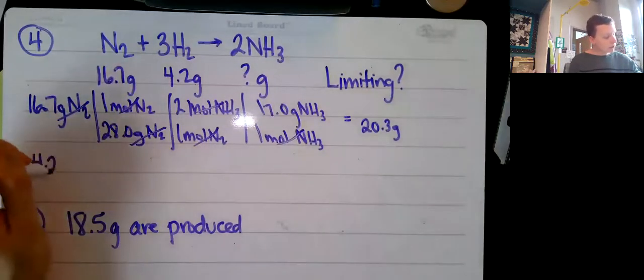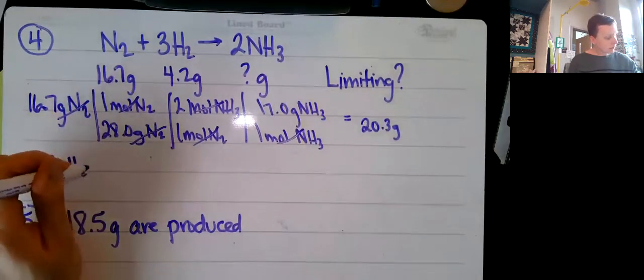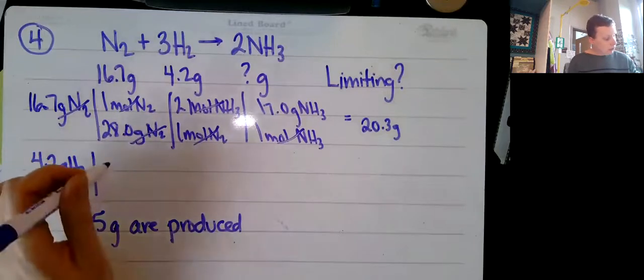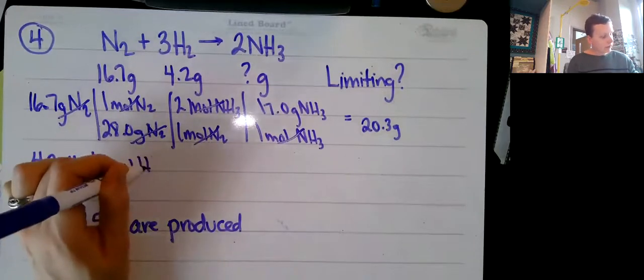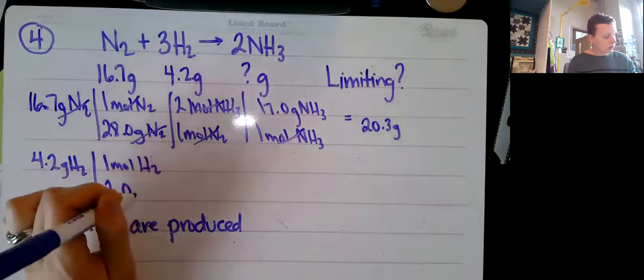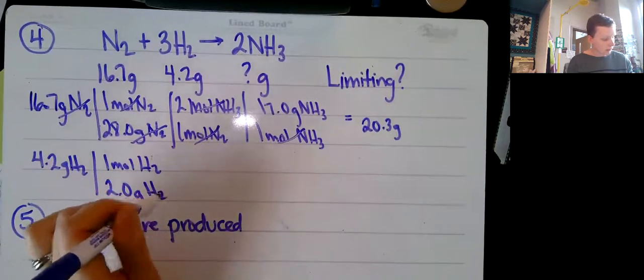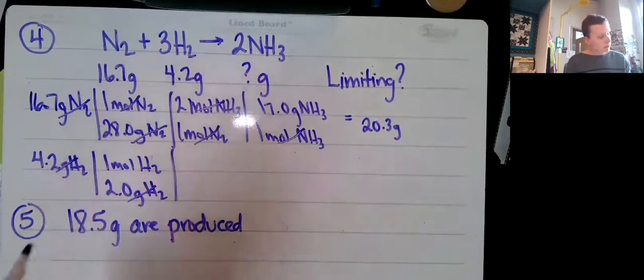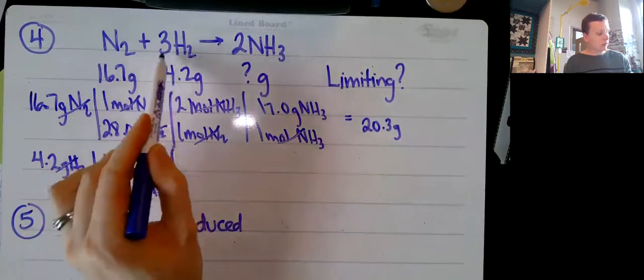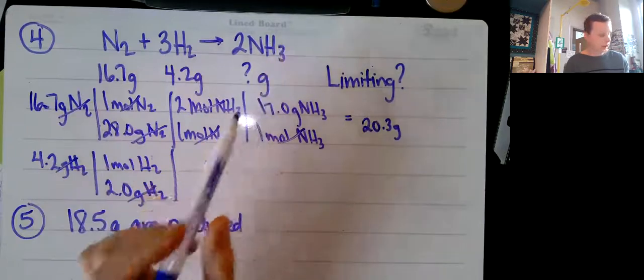Hydrogen, 4.2 grams of hydrogen is our starting point. 1 mole of hydrogen weighs 2.0 grams because it's diatomic, so we have to double its mass from the periodic table. Molar mass for hydrogen is 3 moles of hydrogen for every 2 moles of NH3.